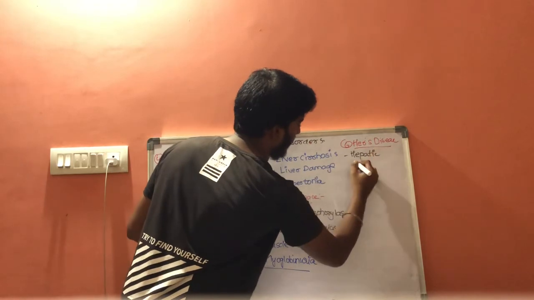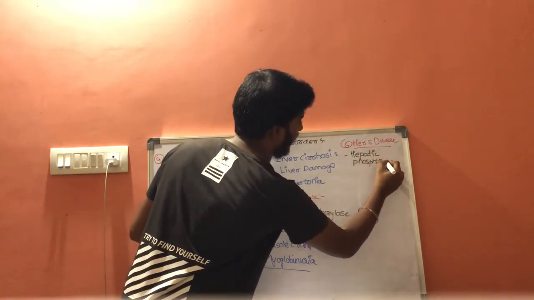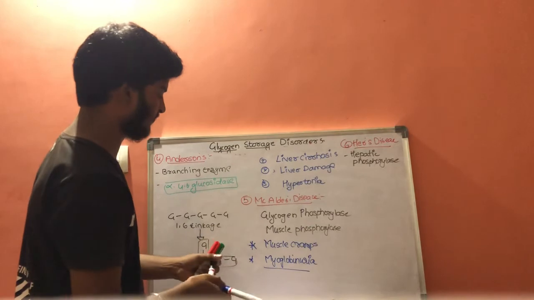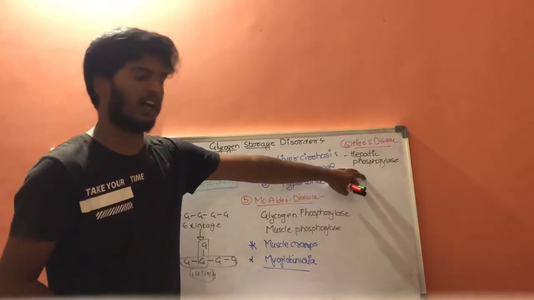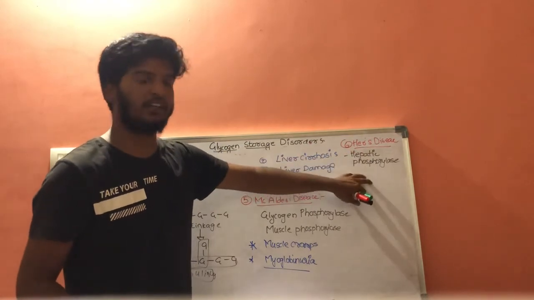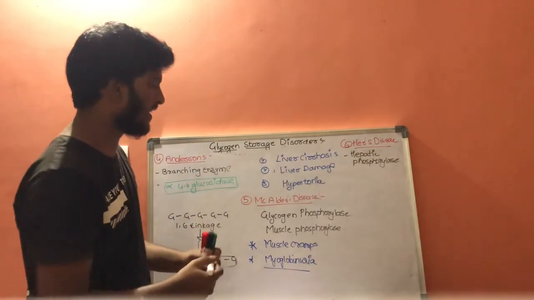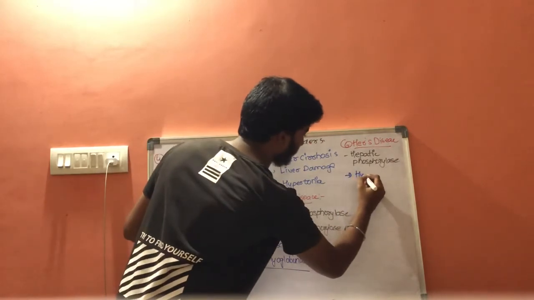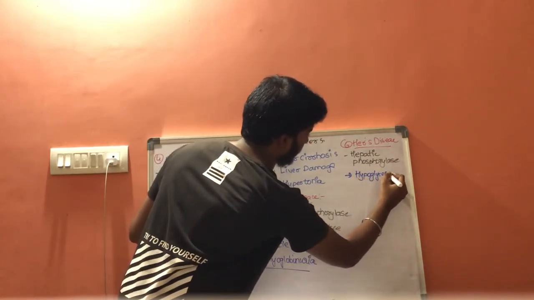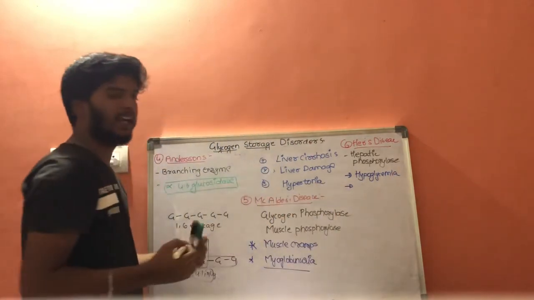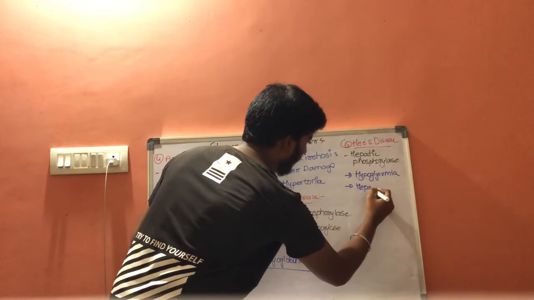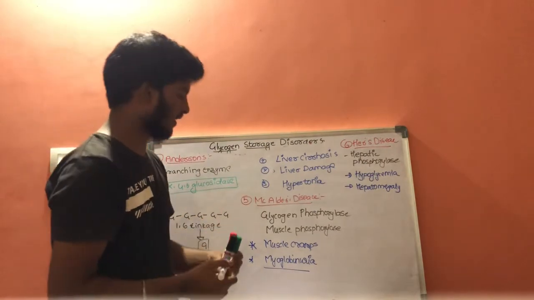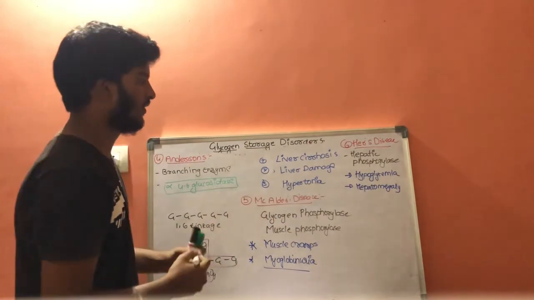The main action is shown in the hepatocytes, so it is called hepatic phosphorylase, and the symptoms include hypoglycemia, hepatomegaly, and growth retardation.